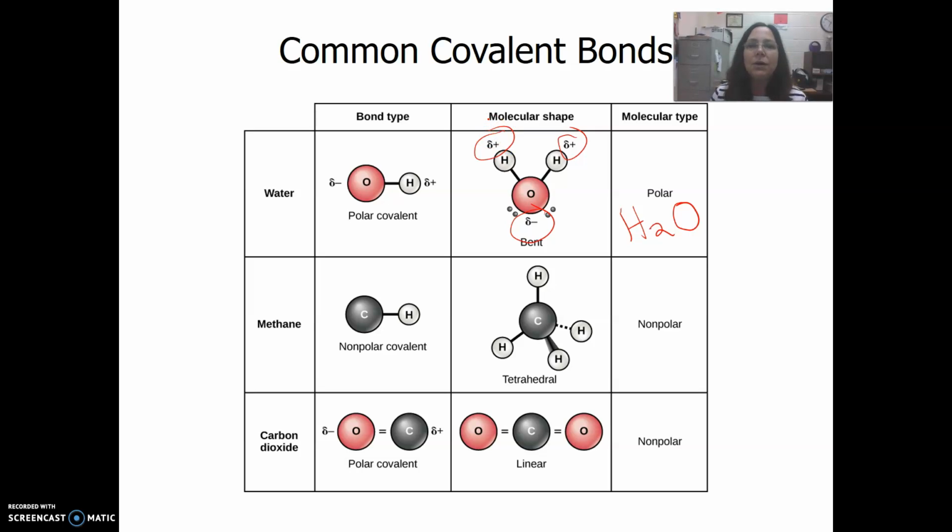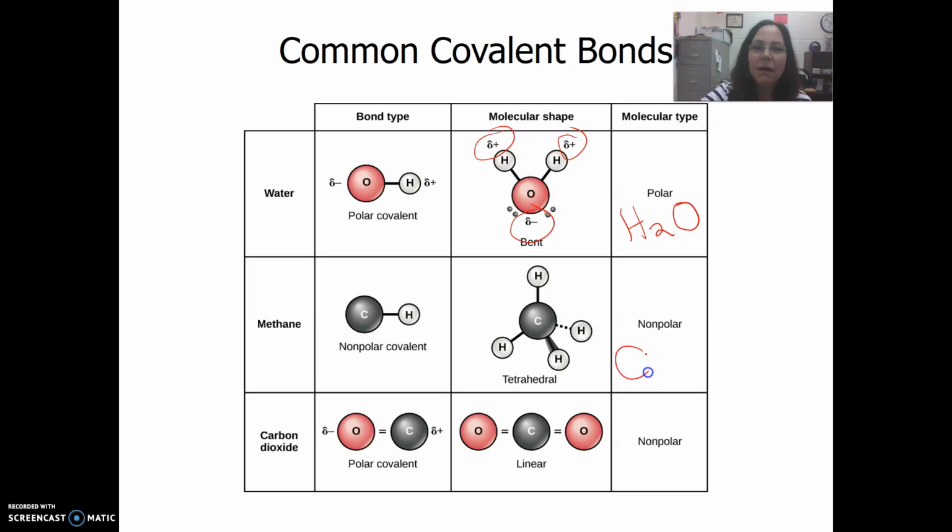So that makes water a polar covalent molecule. Now, nonpolar a lot of times just means that, actually, carbon is slightly negative compared to hydrogen, but because the hydrogens are all the same slight charge, they have the same electronegativity, is how you would word it.